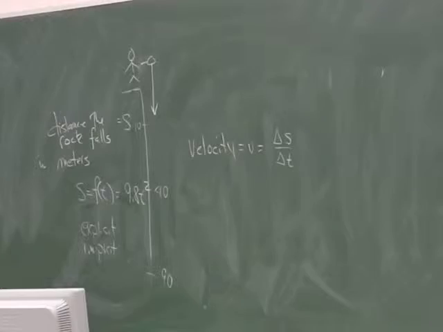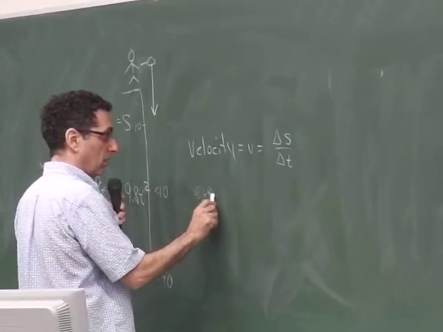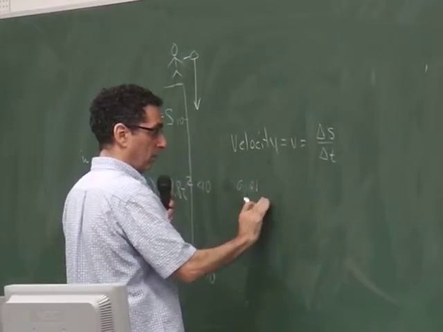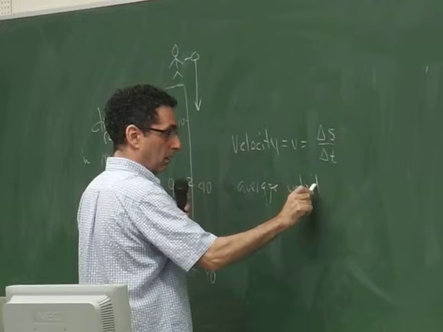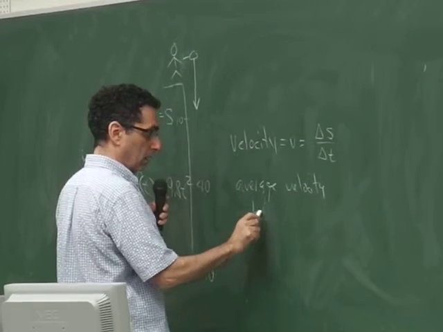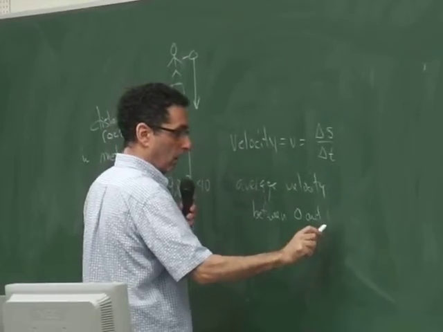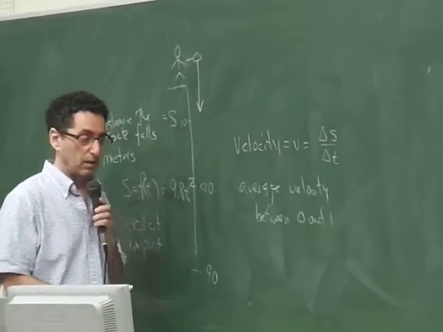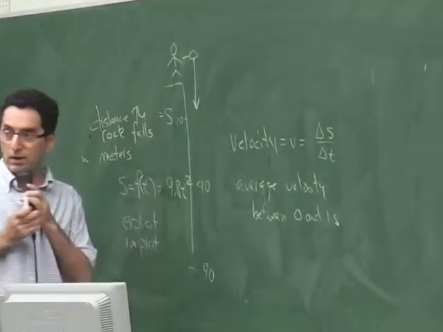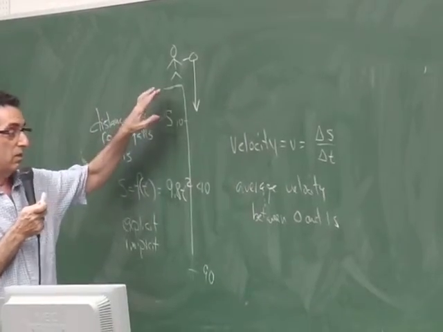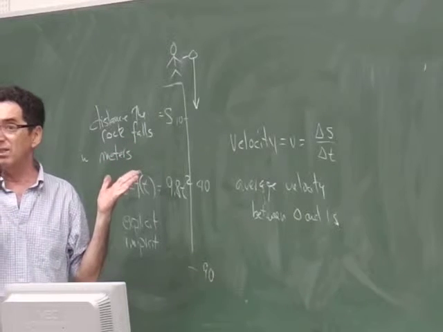Okay, so I can ask, what's the average velocity between 0 and 1 seconds? That means the distance that it's traveled divided by the time that it took to travel it.